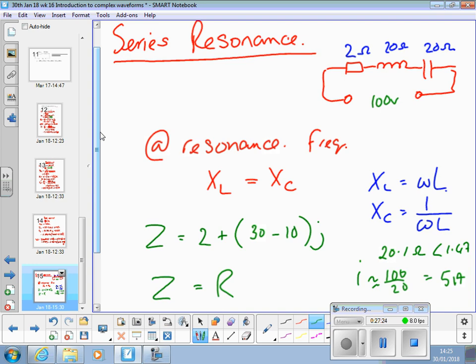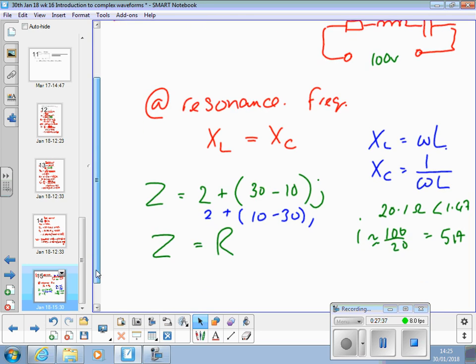If we go the other way and make this 10 and that one 30, so we reduce the frequency, resistance is still 2, what does the impedance come out as now?